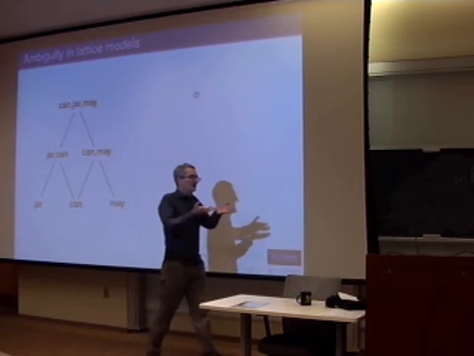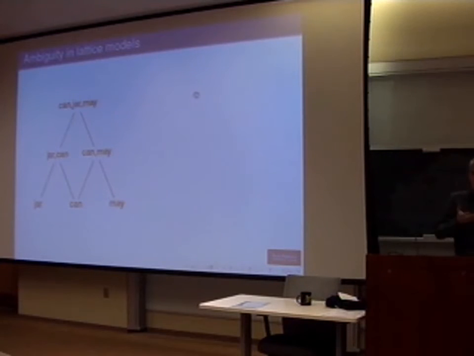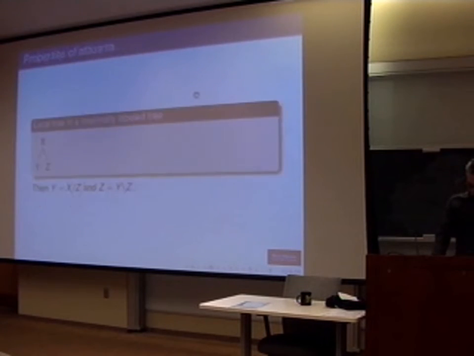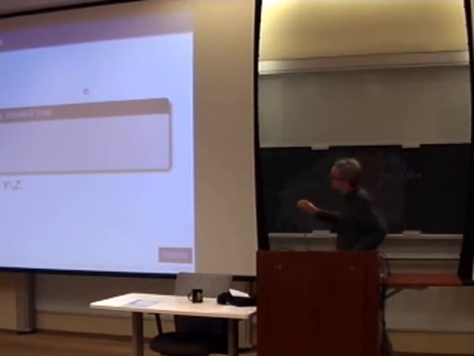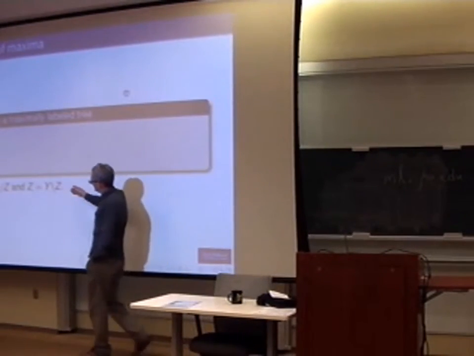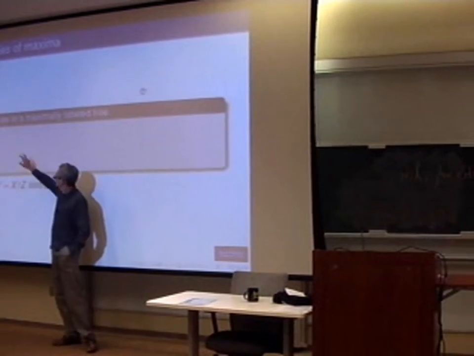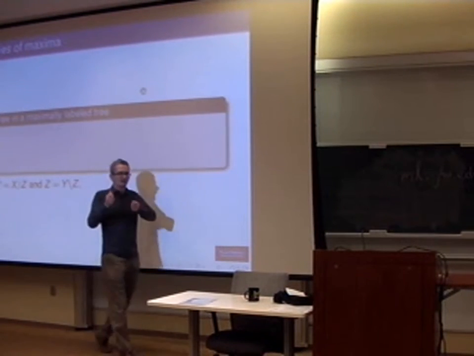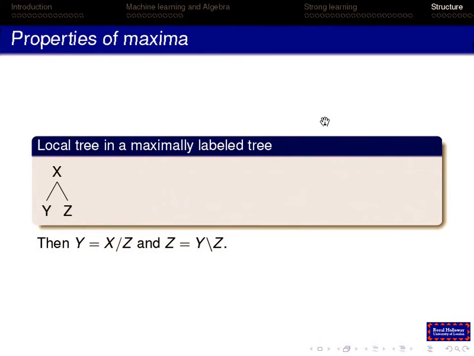So the maximal elements of this are going to correspond in a sense to latent structure in the annotations of the parse tree. So we're going to choose the maxima. And if we have this sort of maximally labeled tree, in our semi-ring we have natural residuation operations, and it's going to satisfy these residuation operations at every point, this residuation property.